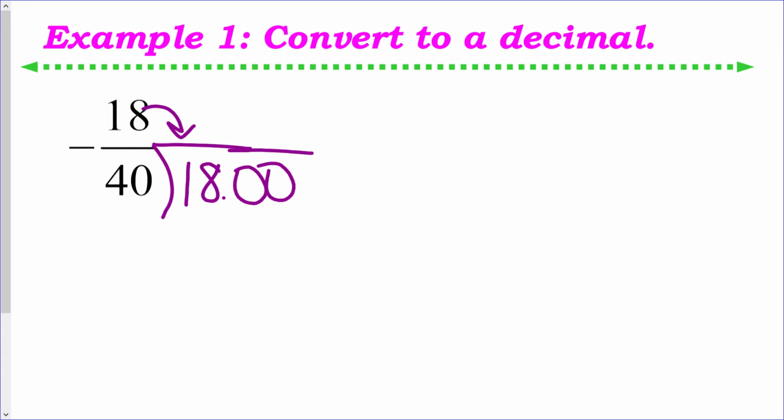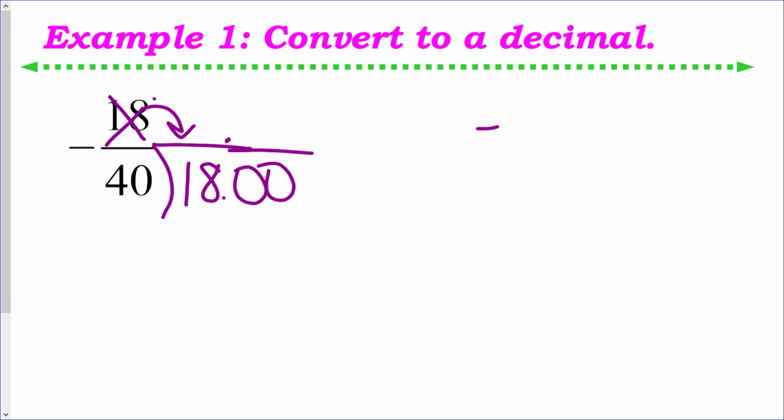I always like to start off with a decimal and 2 zeros. If I don't need the 2 zeros, that's okay. I also like to put the decimal point right up into the quotient. And don't forget, my final answer is going to be negative, so I'm going to throw that over there just so I don't forget about it.